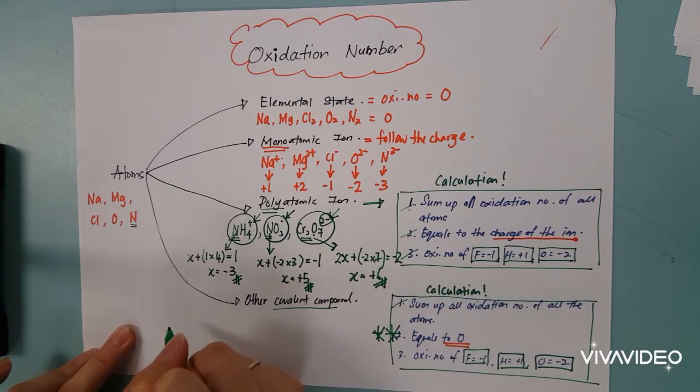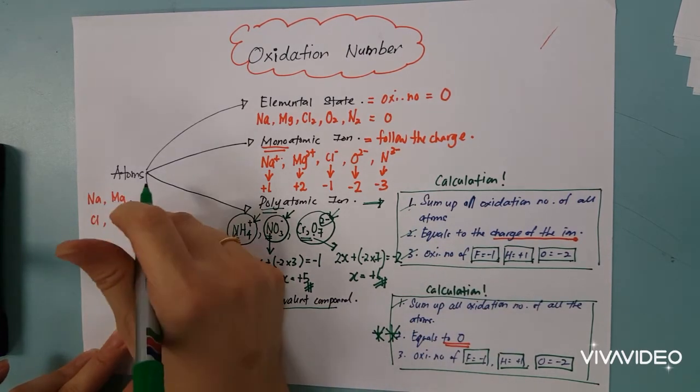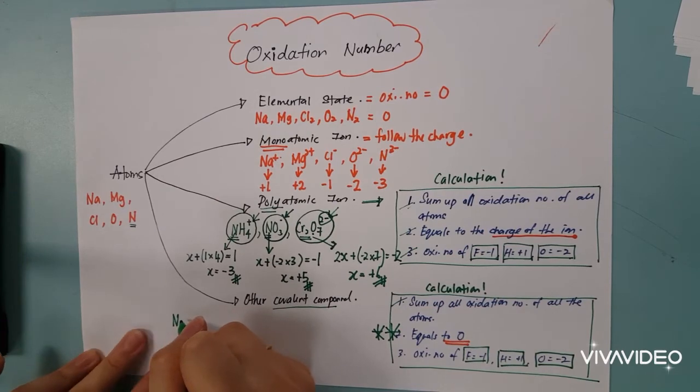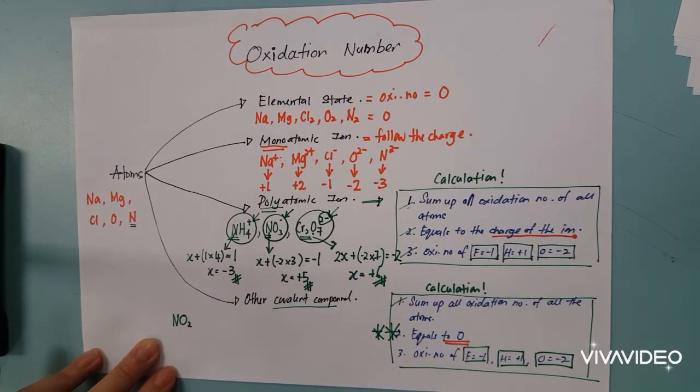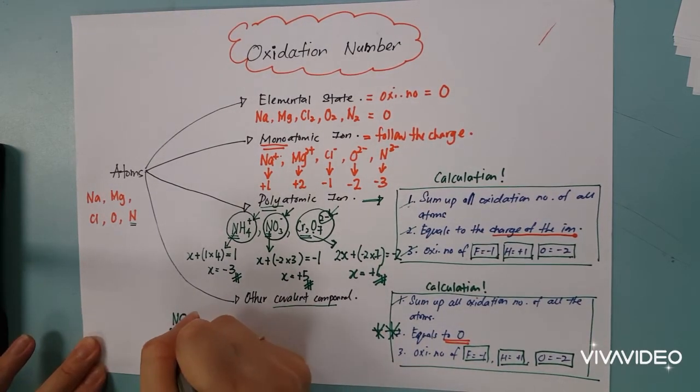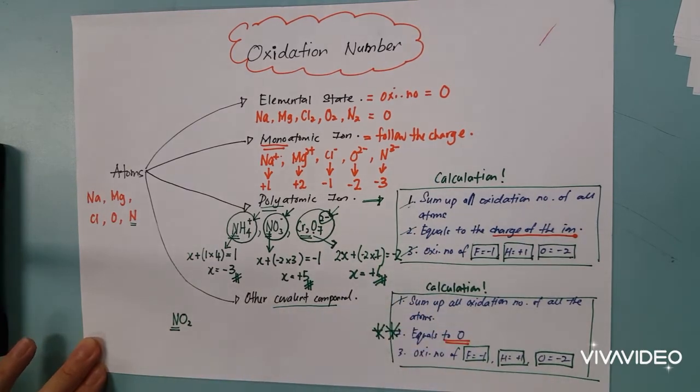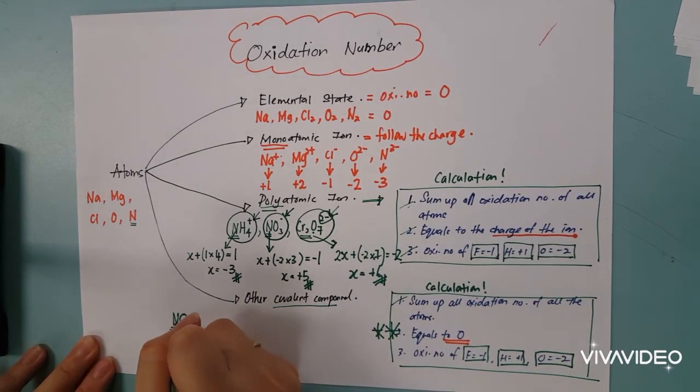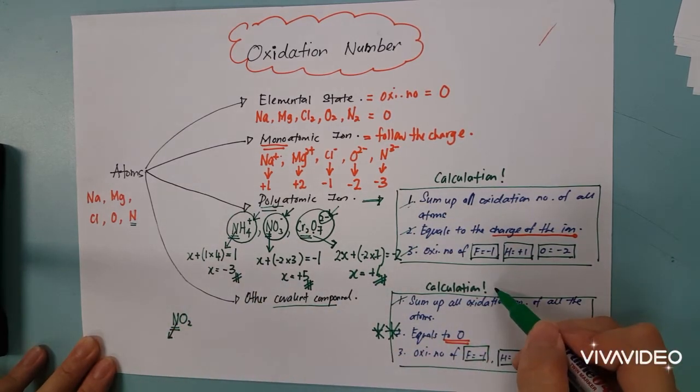Say for example, I have a nitrogen atom that interacts with oxygen and forms a covalent compound, nitrogen dioxide. In this question, they might ask what would be the oxidation number of nitrogen? Because this is a covalent compound, I will solve it using calculation.